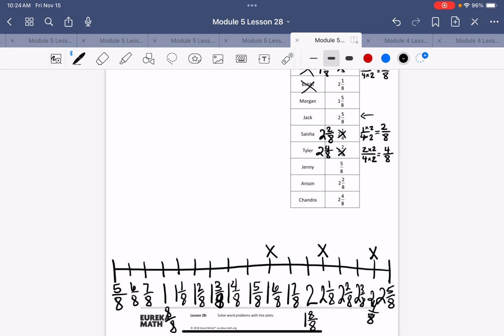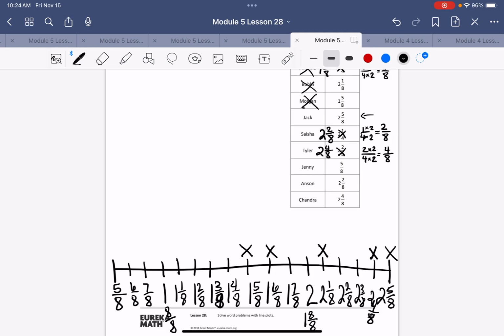I look at Morgan. Morgan has 1 5/8. So I find 1 5/8. I put an X. And then I'm going to cross out Morgan's. Next, I'm going to look at Jack. Jack has 2 5/8. So I find 2 5/8 on my line plot.